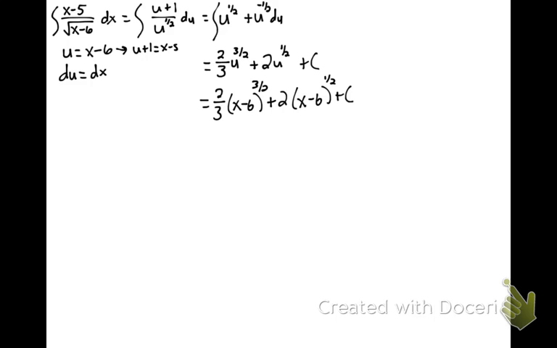Last example for this section, x squared over the square root of x plus 1. The integral of x squared over the square root of x plus 1 dx. How will we approach this?